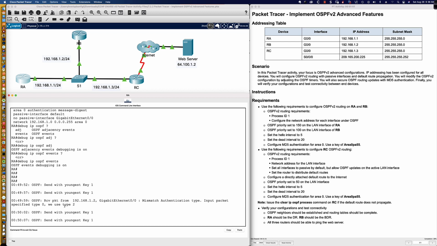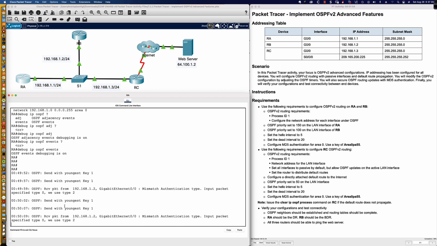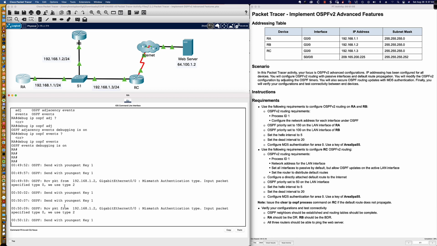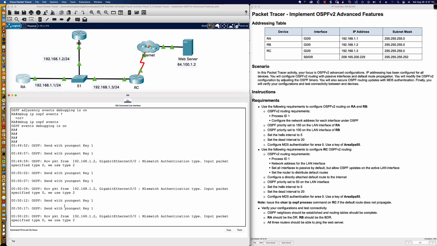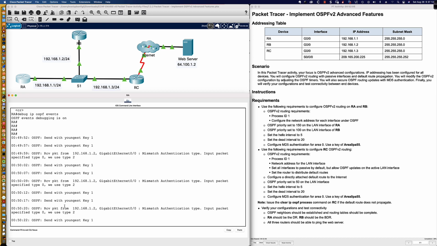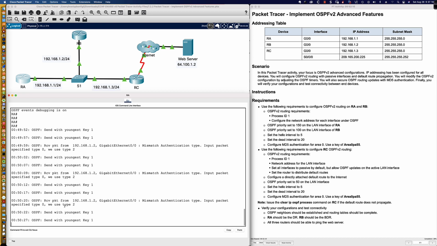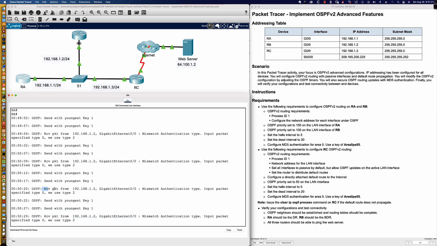Because we're debugging the OSPF adjacency, trying to figure out why the adjacency won't come up. Well, take a look here. We can see router A sending youngest key, meaning it's the first key that was configured, because again, you could have multiple keys. But most importantly, what we're seeing is this right here.